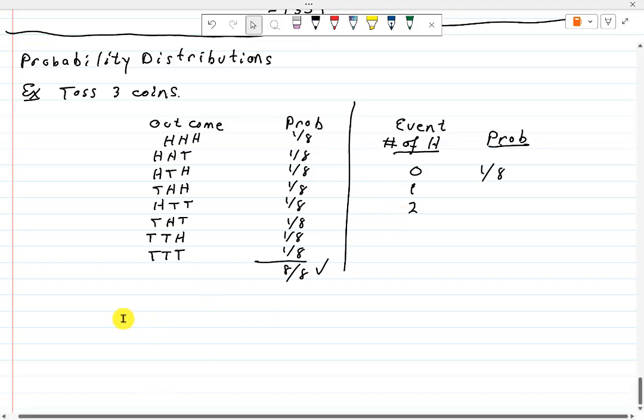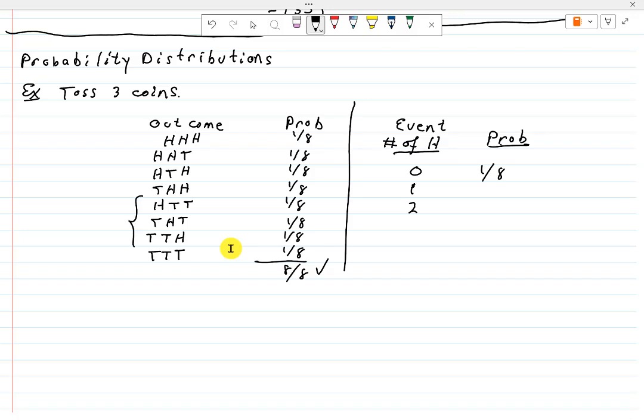Now 1 head, we have to look through here for all the situations where there's only 1 heads. There's 1 there, there, and there. So all of these, 1H. So that's a total of 3 out of 8. And then, oh wait, I can also have 3 heads. Sorry, made a mistake.